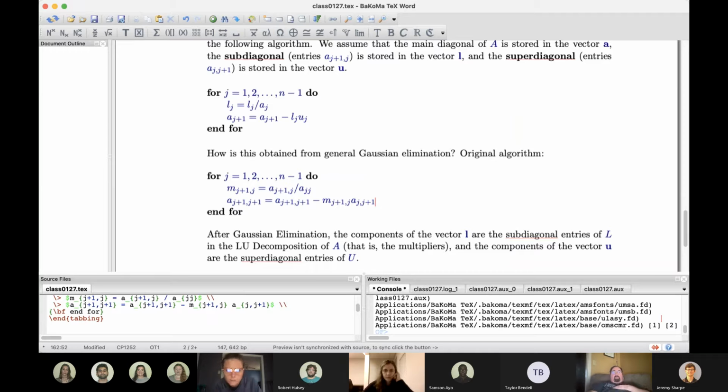Okay, so because of the lower bandwidth of 1, I only needed to eliminate one entry per column. And due to the upper bandwidth of 1, I only needed to update one entry per column. When I get down to here, we see how the algorithm does so much less work. Here we have those 3 floating point operations for each of n minus 1 iterations. Now, I'm going to leave that there.